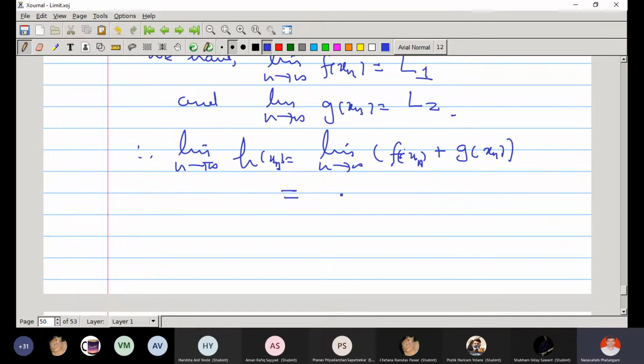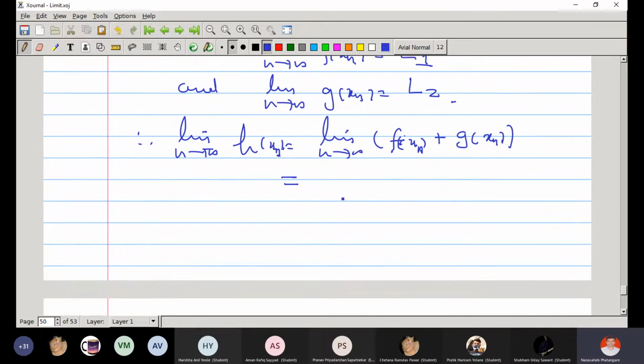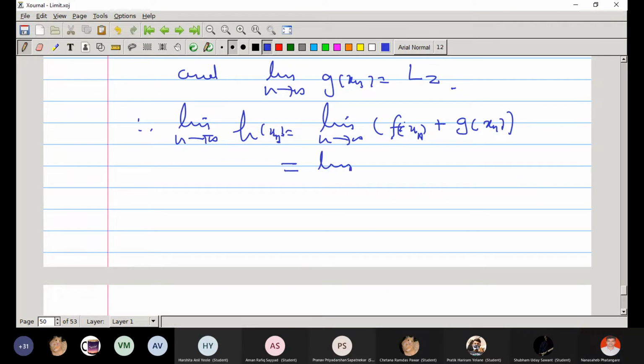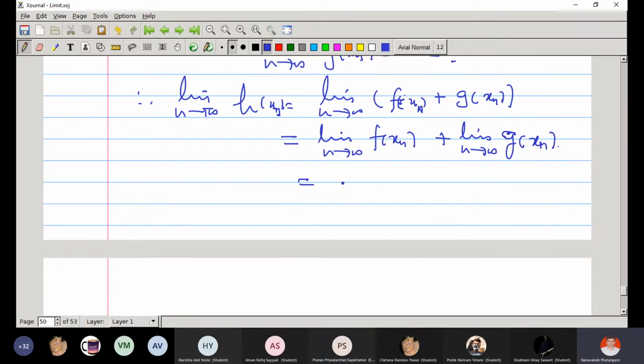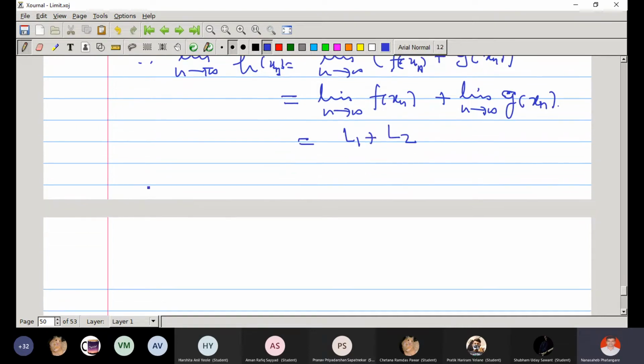What is the limit of the sum of two sequences? Is it the sum of the limits? Yes, sir. Right, I am using the results from sequences, not anything else. The limit of the sum is the sum of the limits. The limit of f(xn) is L1 and the limit of g(xn) is L2.